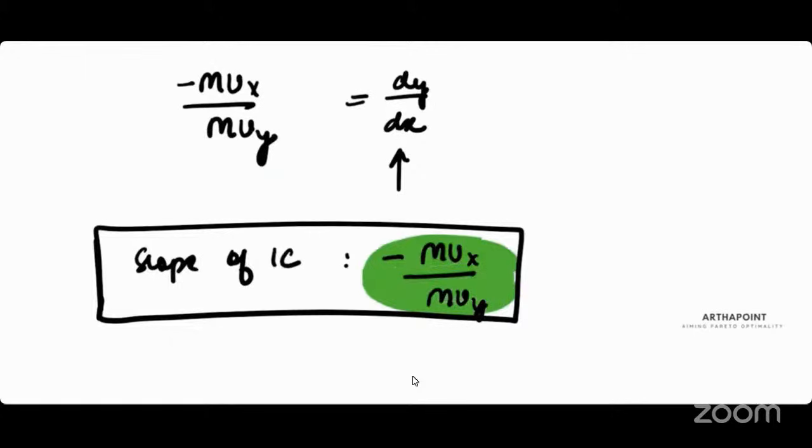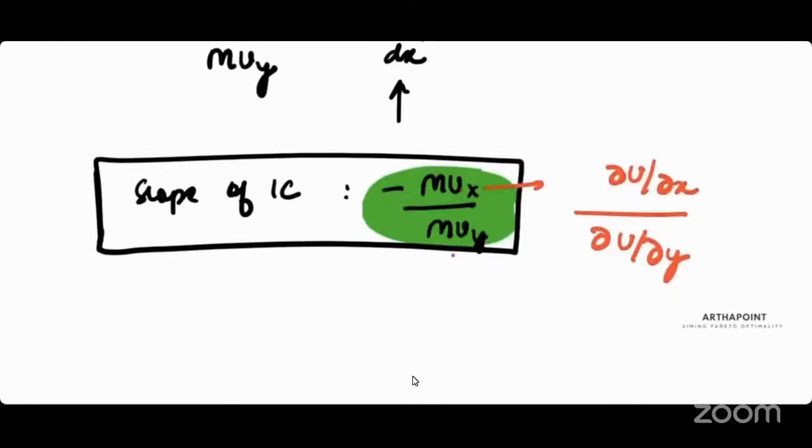Very important. The slope of the indifference curve, or the marginal rate of substitution, is MUx by MUy. MUx is how your utility changes when x changes. MUy is how utility changes when y changes. Just one thing that I want to alert you to here.